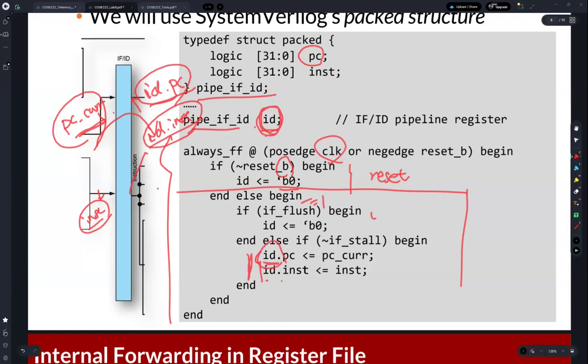Because this is ID.pc. Okay. So if you read the skeleton code of the lab 6, then you can find the name convention like this. Name convention is also important for coding, right?